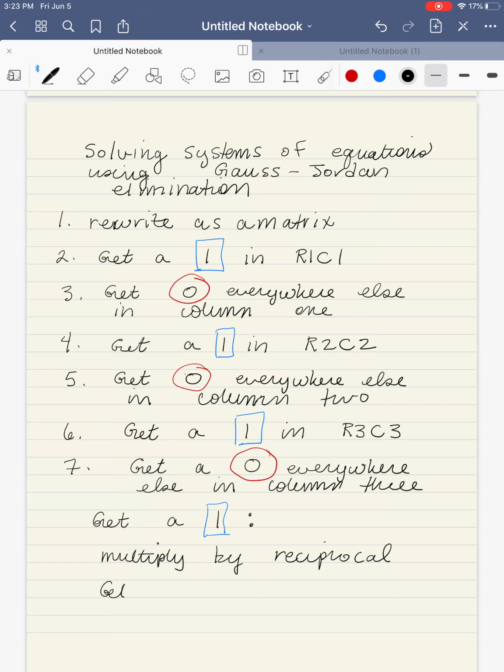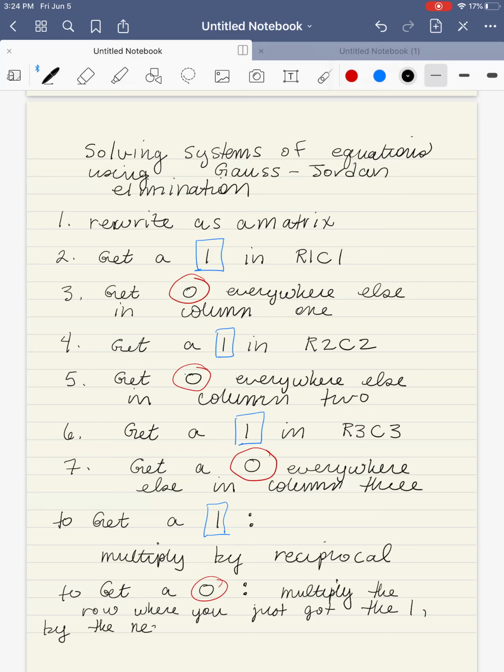To get a 0, we're going to use the elimination method. The elimination method is to multiply the row where you just got the 1 by the negative of the number you're trying to eliminate.